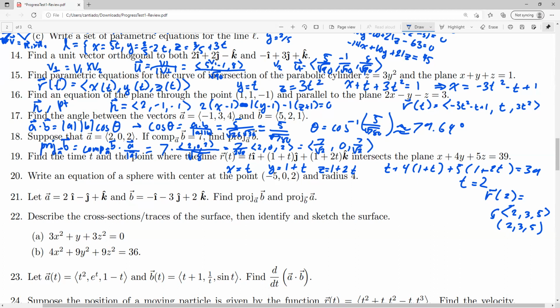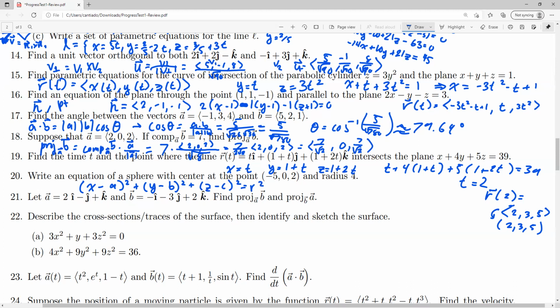All right, 20. Write an equation of a sphere with a center at the given point and a given radius. So if you remember the equation of a sphere, the general formula is this: x minus a, y minus b, z minus c, all squared, is equal to r squared.